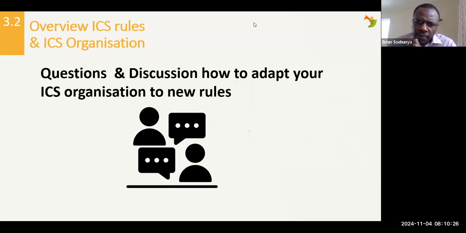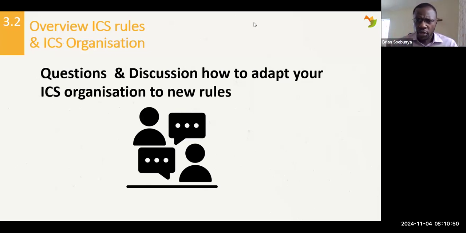Matthew asks, what about the ICS manager or team doing mock audits or even spot checks to verify the data collected by internal inspectors? The ICS manager can do spot checks. That's okay. For example, you send out internal inspectors and then, according to the report you're reading, maybe you see some contradictions or you suspect some quality issues.